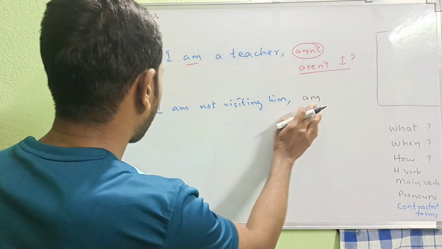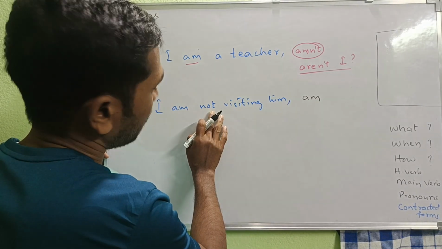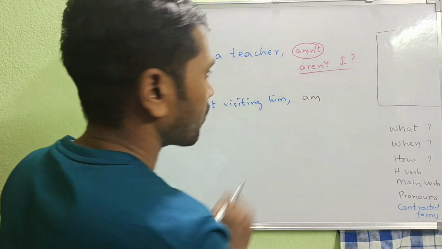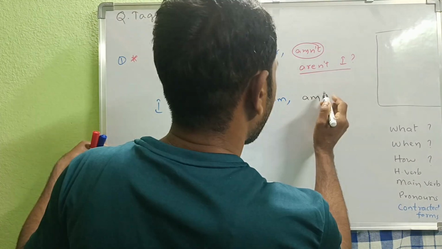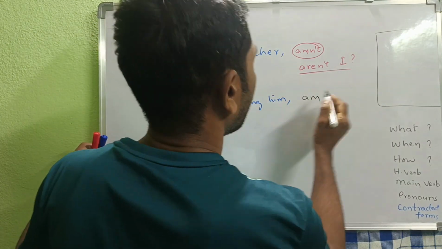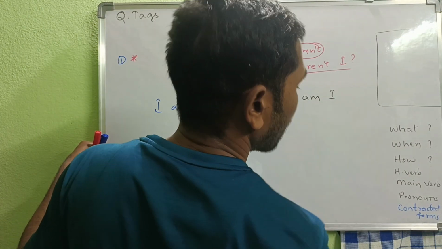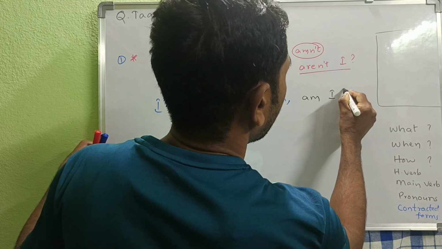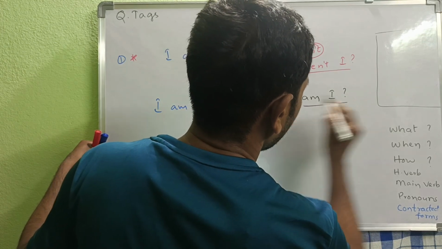Next, write the same thing. Since the statement is already negative, do not add am and n apostrophe t. Next, the pronoun is added. Step number 4, question mark.